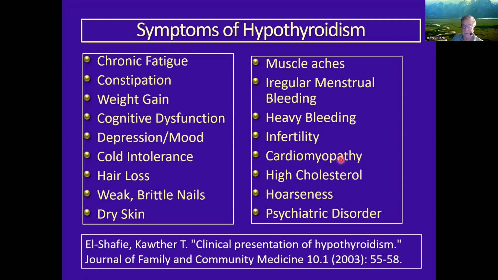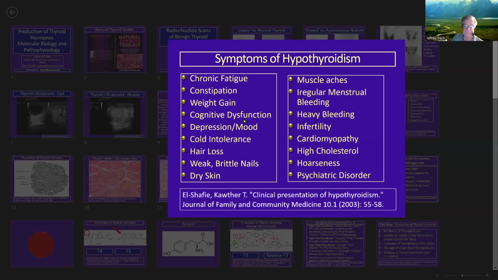Cardiomyopathy, because heart muscle needs thyroid hormone to function, to give it energy. Without thyroid, the heart turns into a large bag with low ejection fraction, typical cardiomyopathy. Cholesterol tends to go up in low thyroid condition. Hoarseness. Psychiatric disorder is common in patients with low thyroid function, because the brain has no energy.